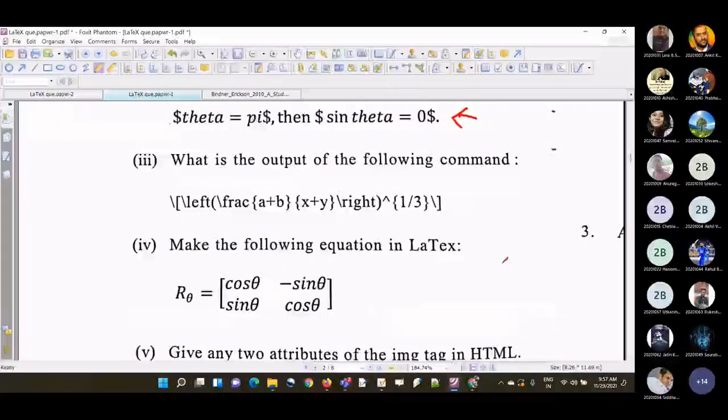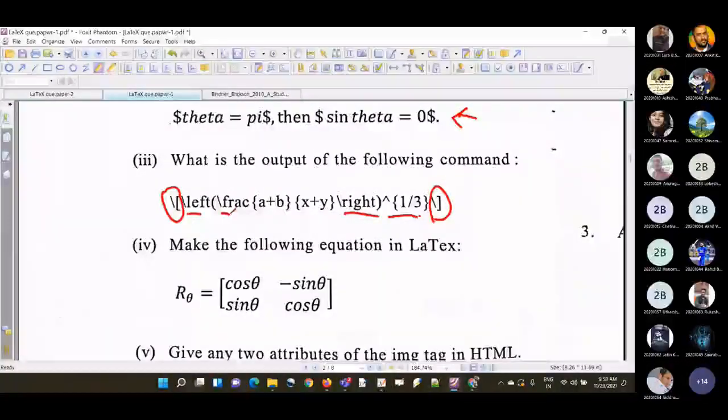And then you have the next question. What is the output of the following command? So you know this backslash and square bracket. This is a format mode. All right. And this left and right, they are enhancing the size of the bracket. I told you earlier. And this is exponentiation.